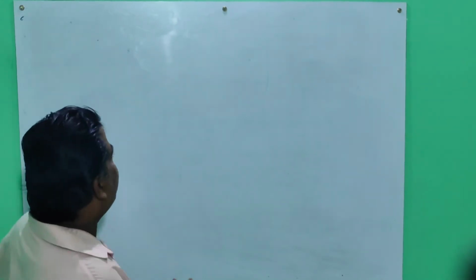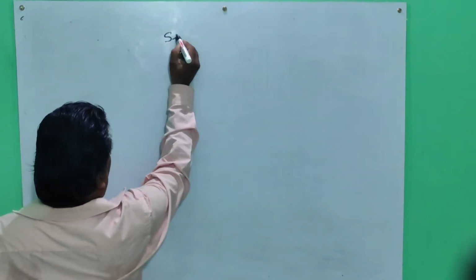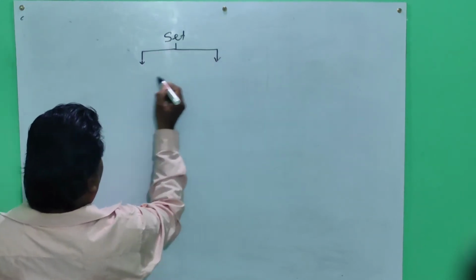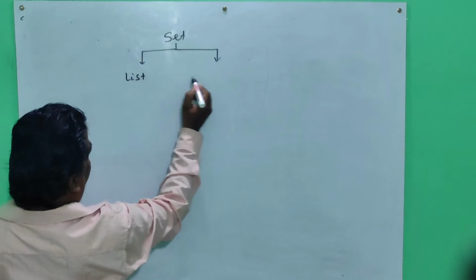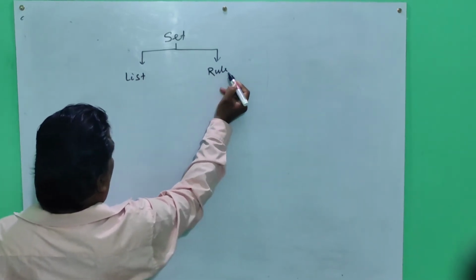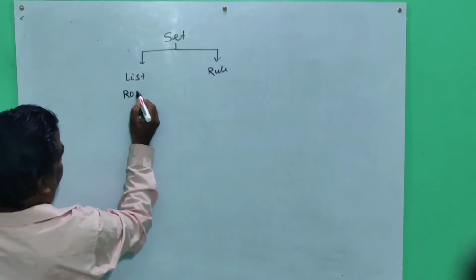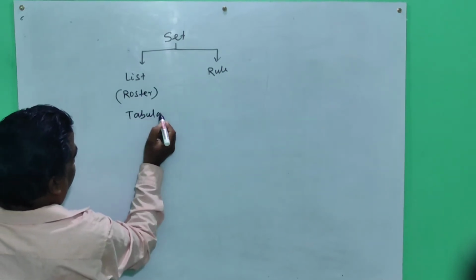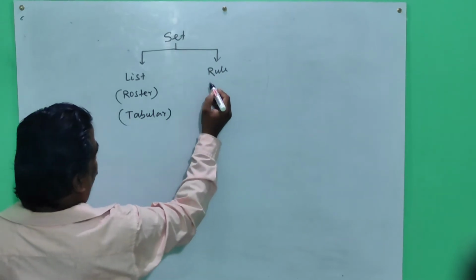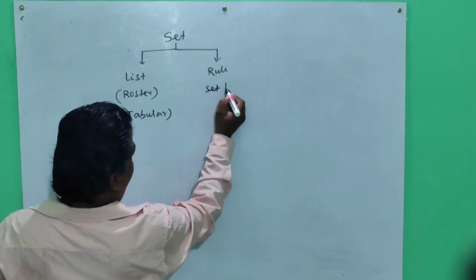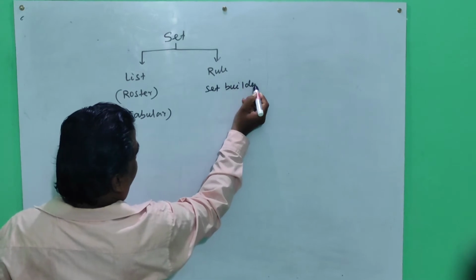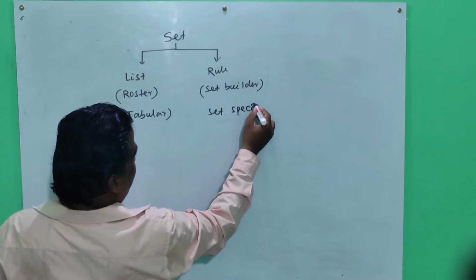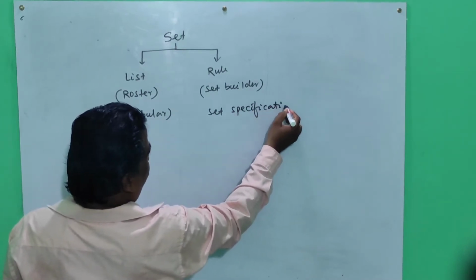A set is expressed by two methods. One is the list method, the other is the rule method. The list method is also called roster form or tabular form, and the rule method is also called rule form, set builder form or set specification form.